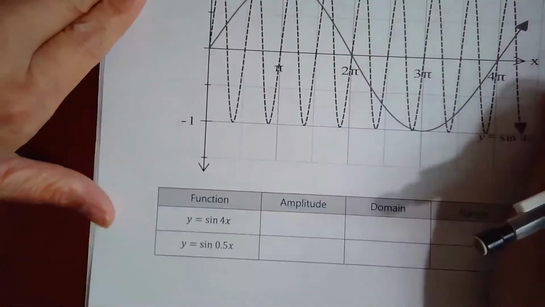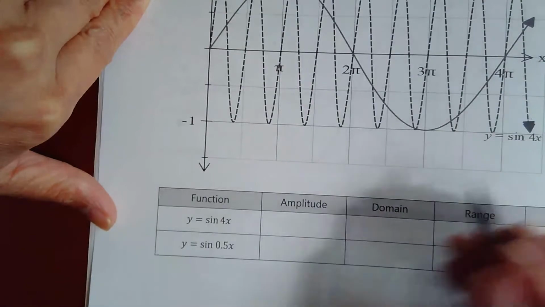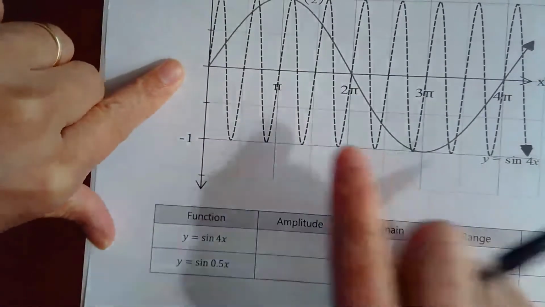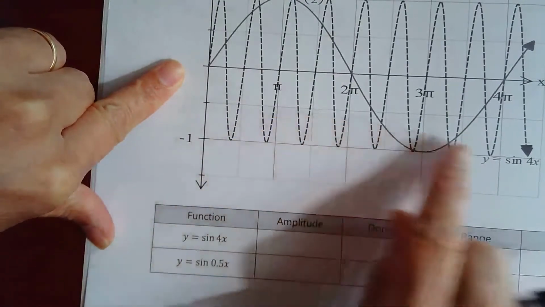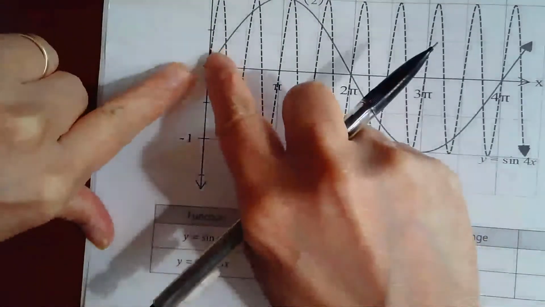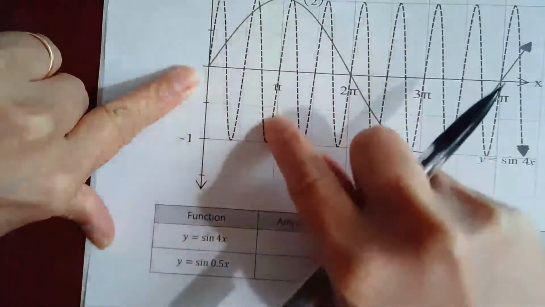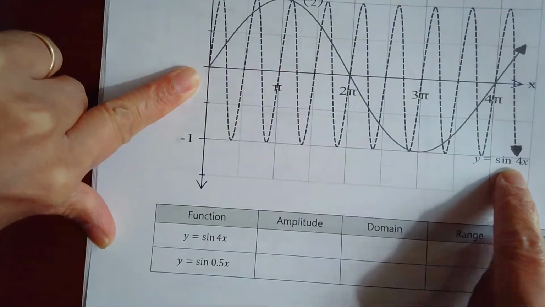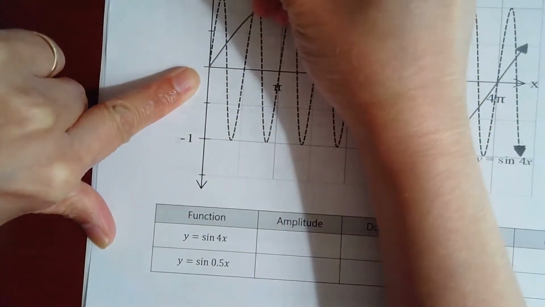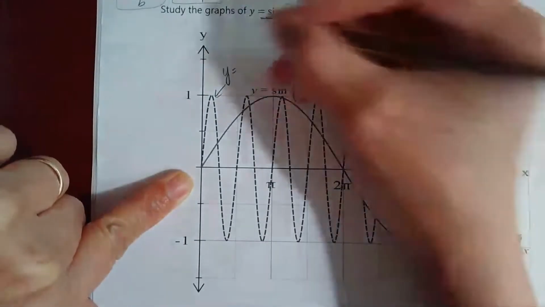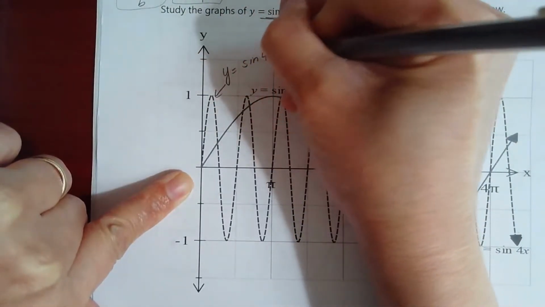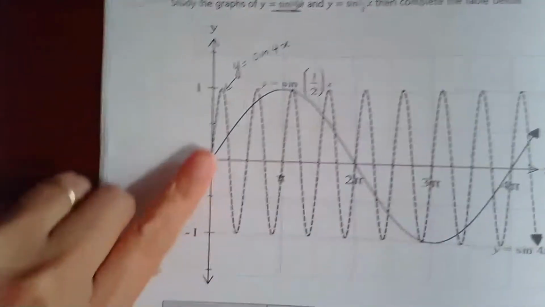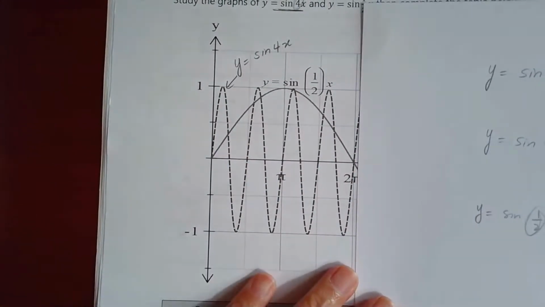So let's take a look. This one over here, the dash, that's the one that says sine equals 4x. So this here is y equals sine of 4x. So let's watch this. From here to here, that's 2 pi.